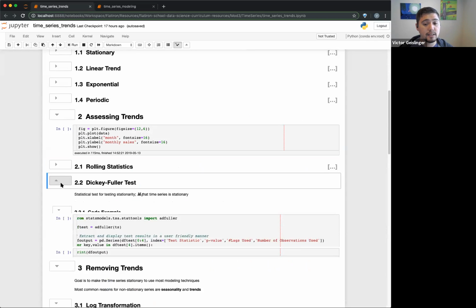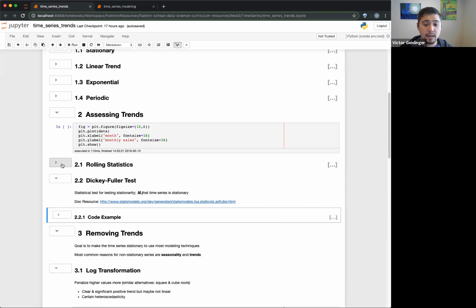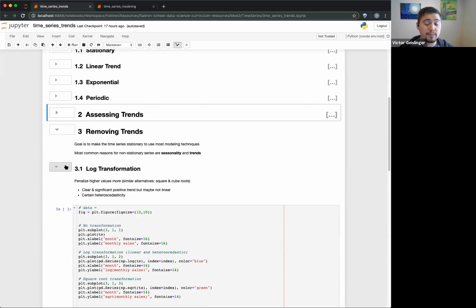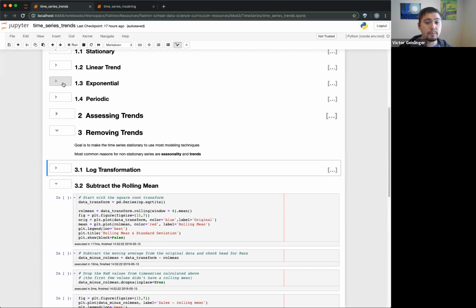Then we talked about assessing them with rolling statistics, and the Dickey-Fuller test, a statistical test to see if the time series is stationary. Then we talked about removing trends, so we talked about log transformation, basically to make it more stationary, not linear but stationary.